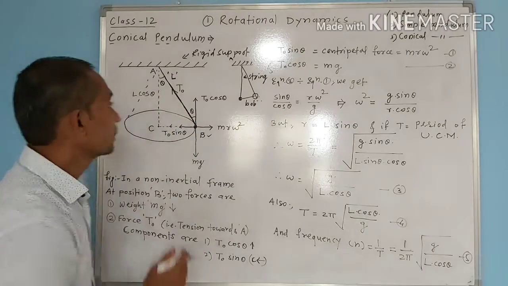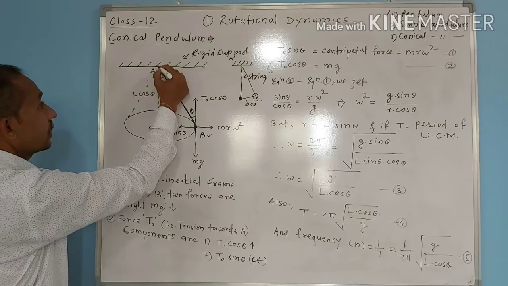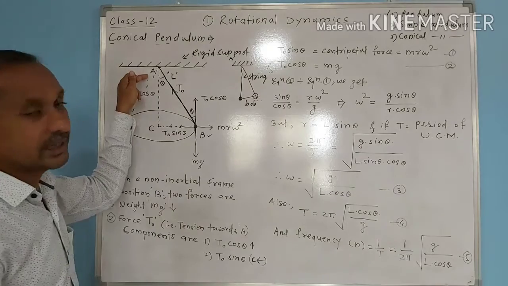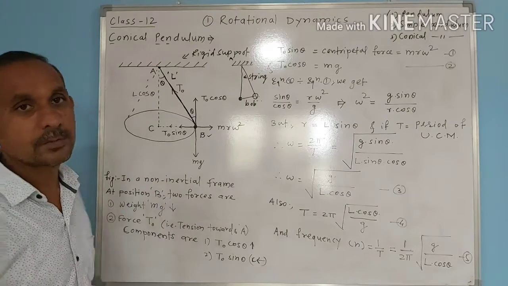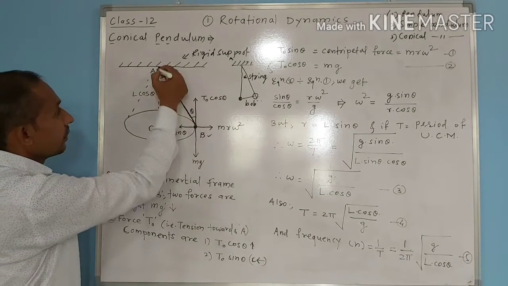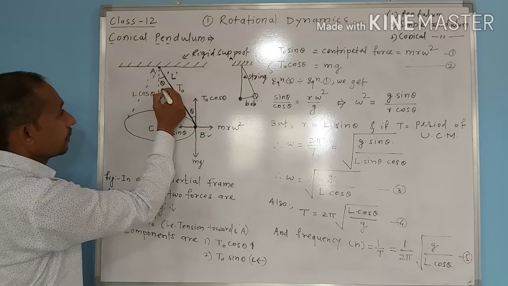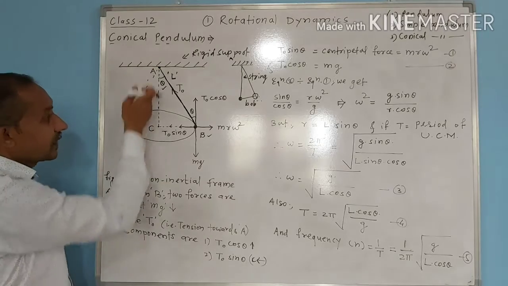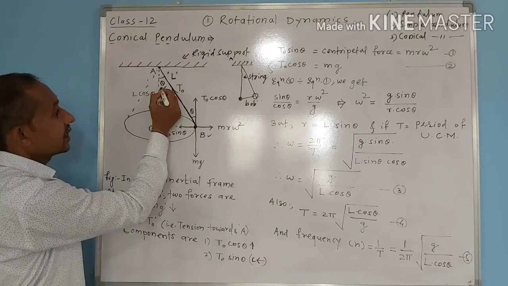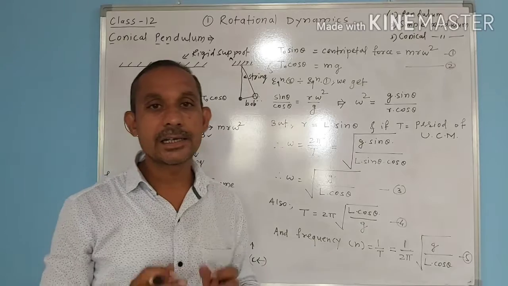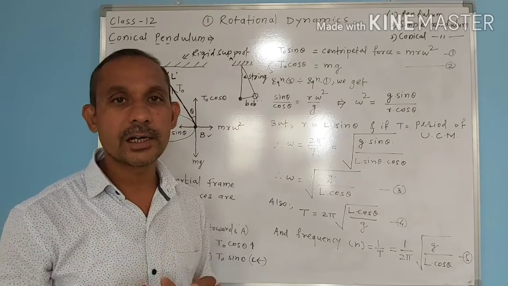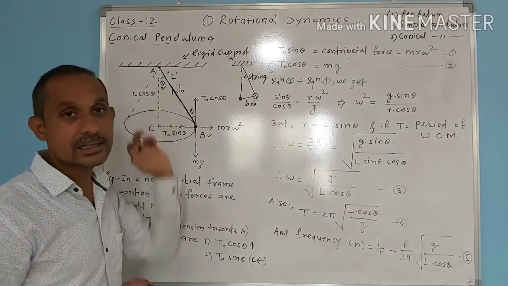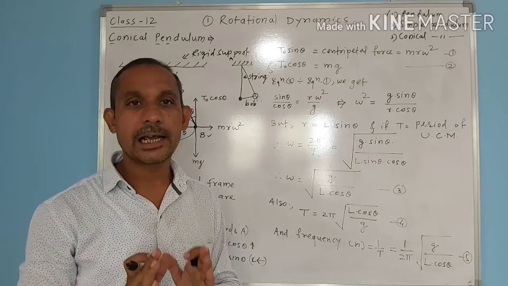At position A there is a rigid support. This string makes an angle theta with the vertical direction. In this conical pendulum, the angle theta is called the semi-vertical angle.